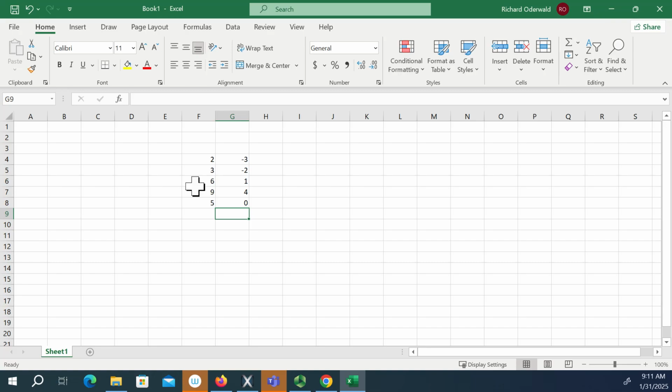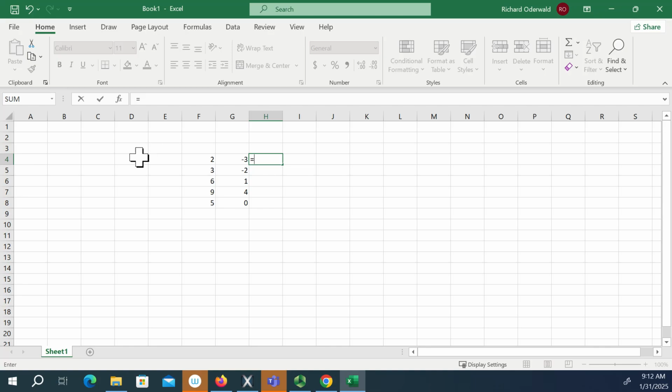But now to calculate these things, I need to square these numbers, because I want the average squared distance. I want to make it positive, and if I do this, and you can do this with equals, click on the cell reference, and then there on the keyboard is an up arrow above the 6.